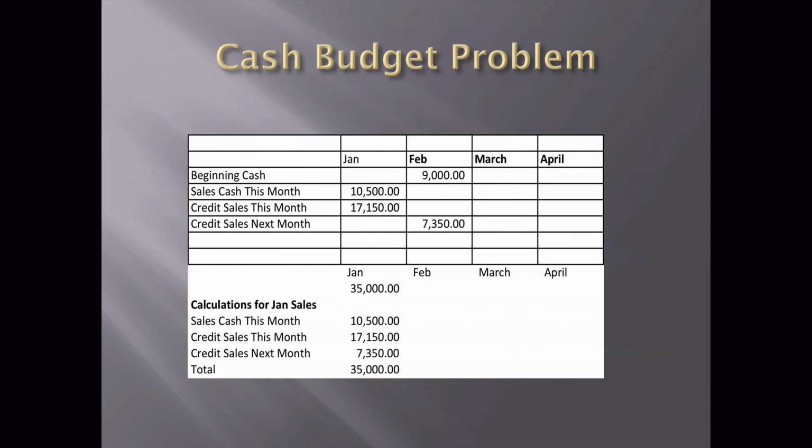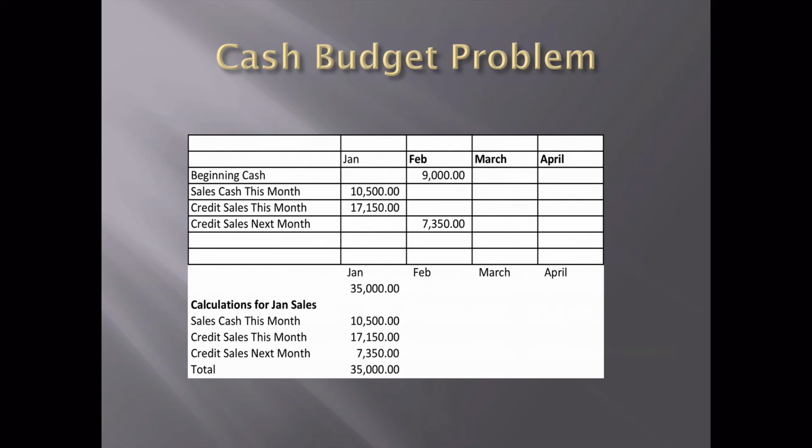And if we multiply it by 0.3, we get $7,350. What I always do is re-add my allocations to make sure that they equal my original number. That's why you have a total of $35,000. That way I know that I accounted for all of my numbers, or in this example it's revenues, but it's going to be expenses when we get to expenses.